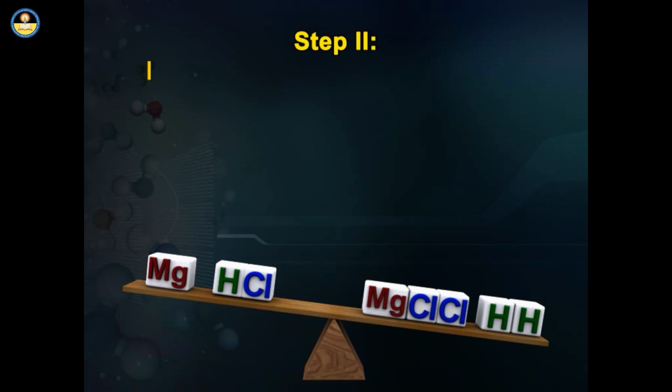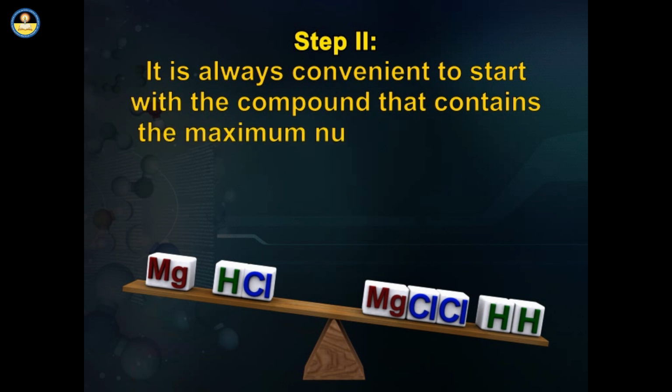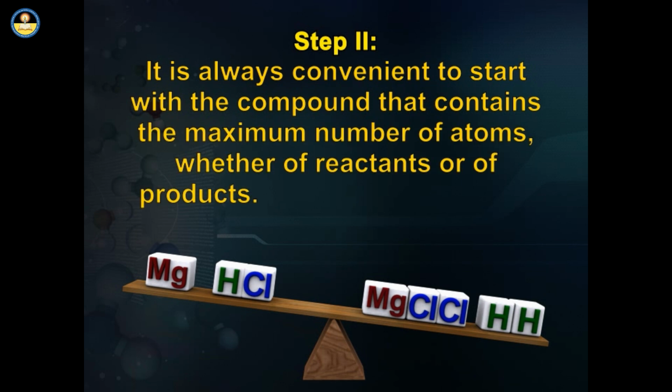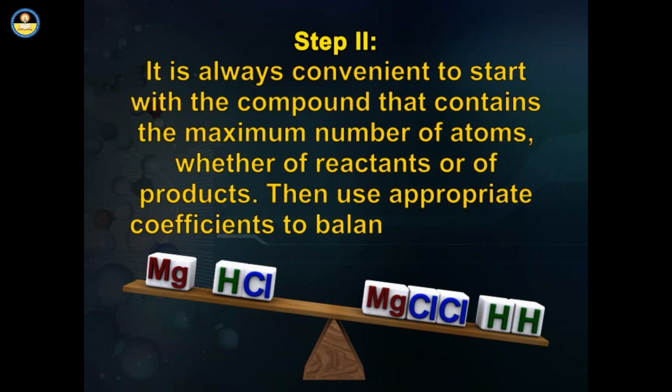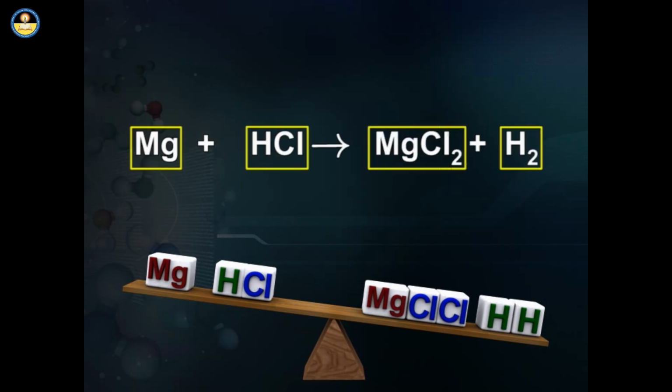Step 2. It is always convenient to start with the compound that contains the maximum number of atoms, whether of reactants or of products. Then use appropriate coefficients to balance its atoms. In this case, the compound is magnesium chloride.